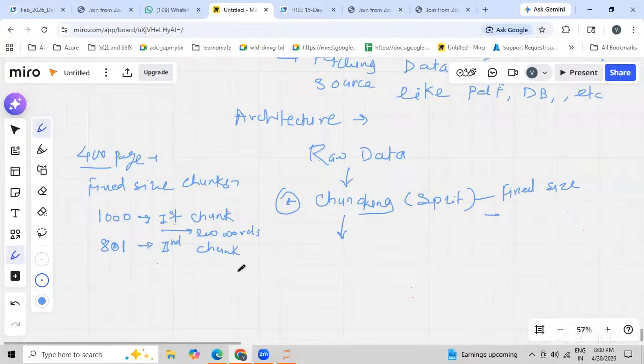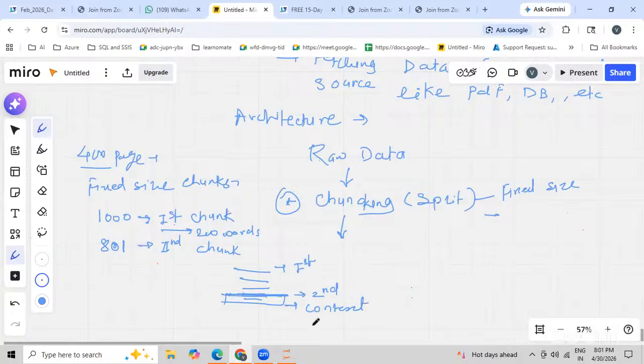Overlap means what? Suppose these are the 1000 words, and the last 200 are the overlap. I will put my second chunk starting from here. This is my second chunk, and this is my first chunk. Because of these 200 words, the second chunk has some context about the first one.